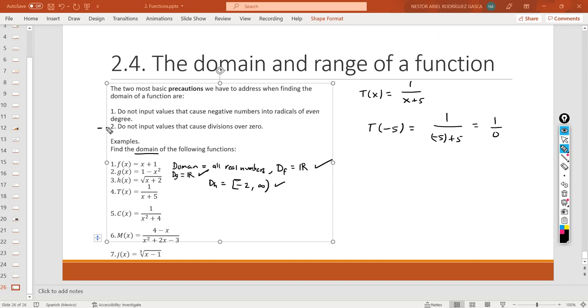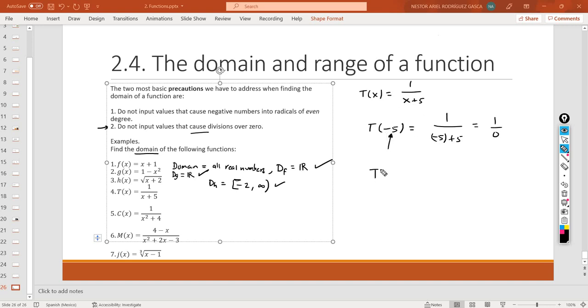And that's the second case, guys. Do not input values of x that will cause divisions by 0. This particular value of the input, when you substitute it into the function, is going to cause division by 0, and therefore we must reject it from the domain.